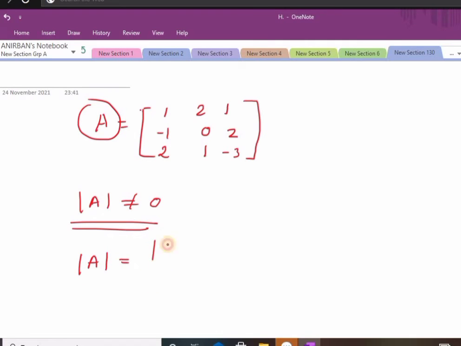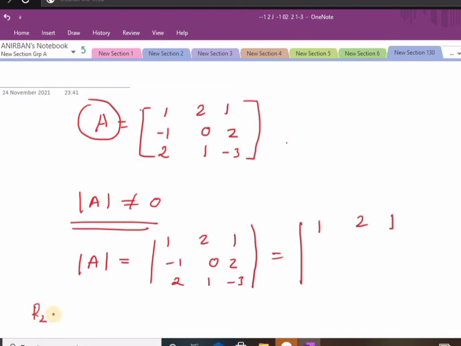The determinant of A is 1 2 1, minus 1 0 2, 2 1 minus 3. To simplify this determinant, you can do operations to make these elements 0. Just do R2 plus R1 and R3 minus 2 into R1.